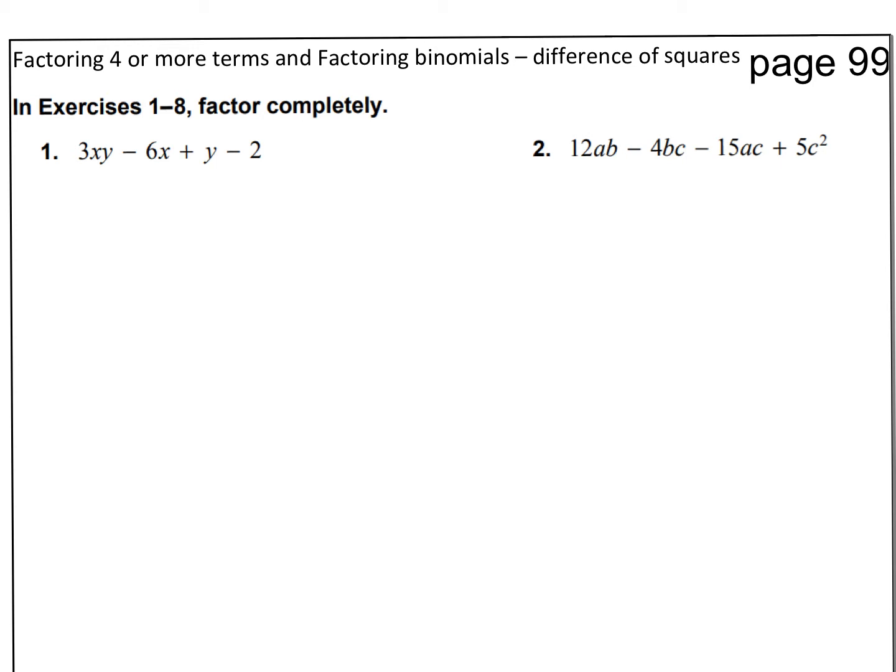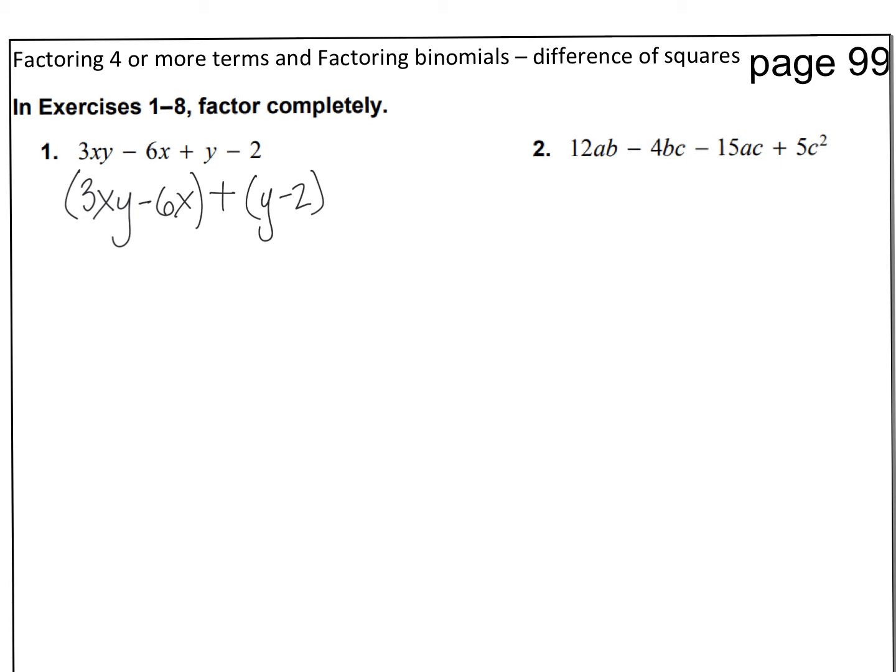Let's get started. For question 1, we are going to group together the first 2 terms and the last 2 terms, and make sure to put a plus sign in the middle. We're going to look at each group and look for the common factor.